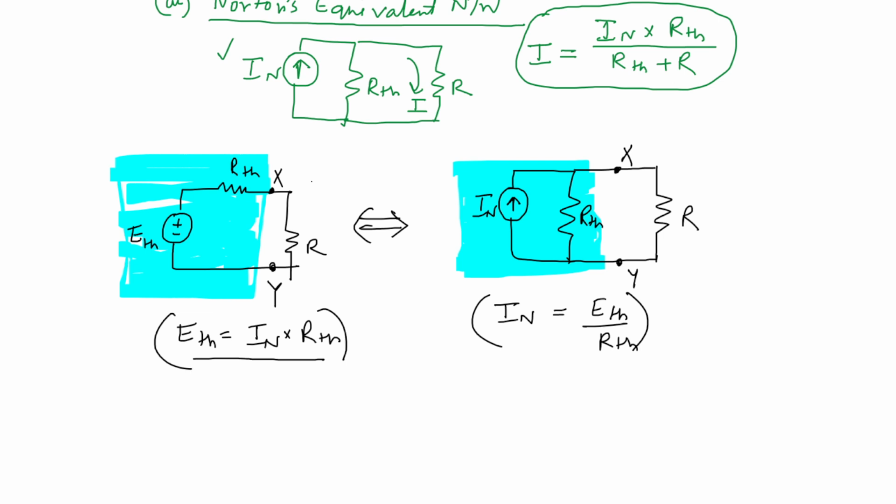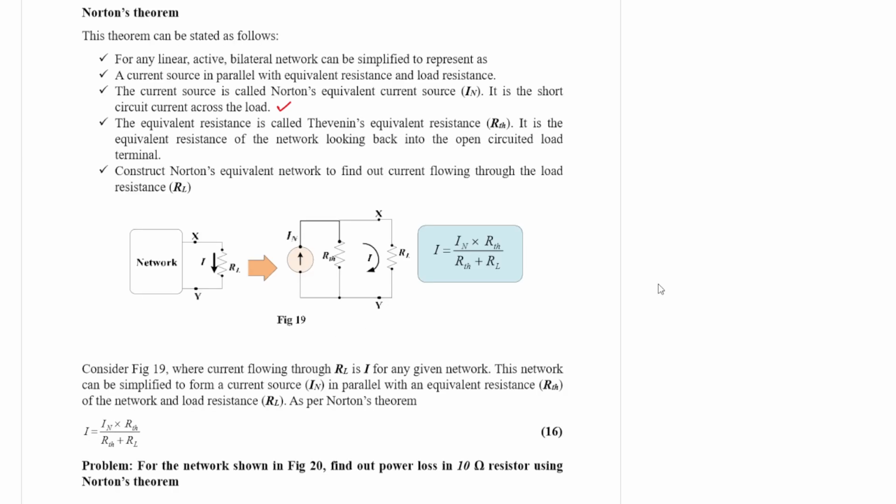So going to the topic now, the statement is the same as discussed. The first one is the general statement. It is for a linear active bilateral network. Then a current source in parallel with the resistance and load resistance is represented.